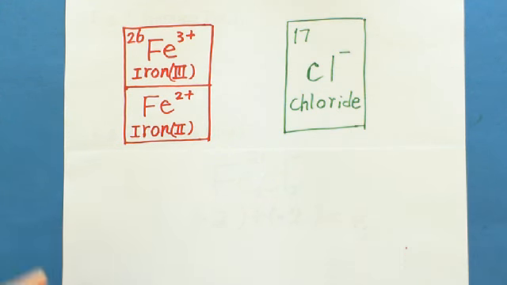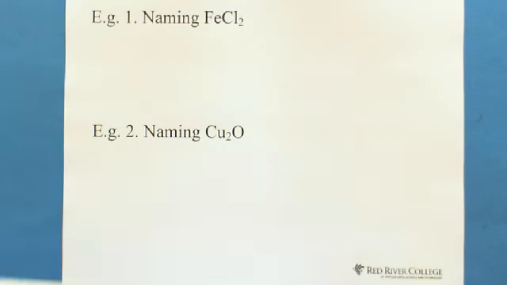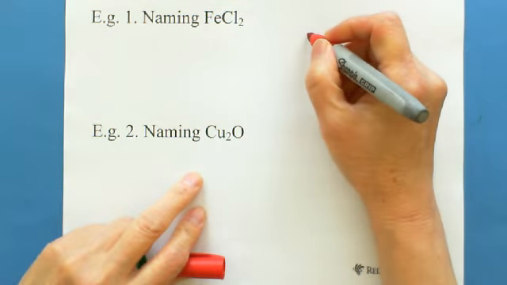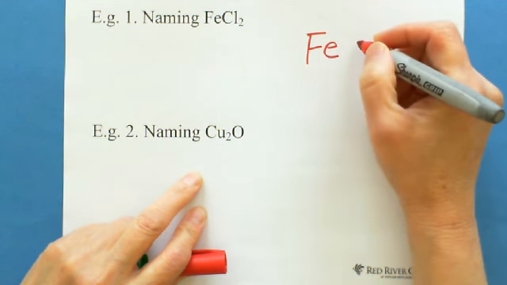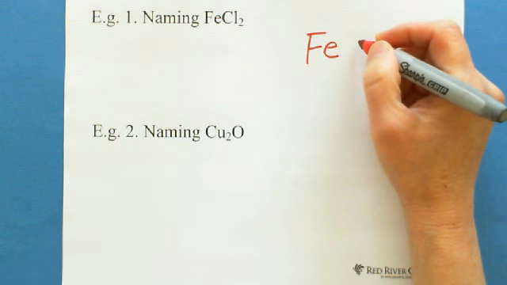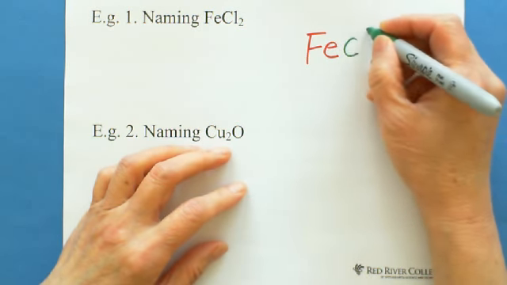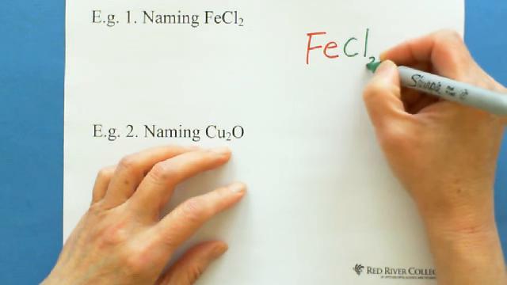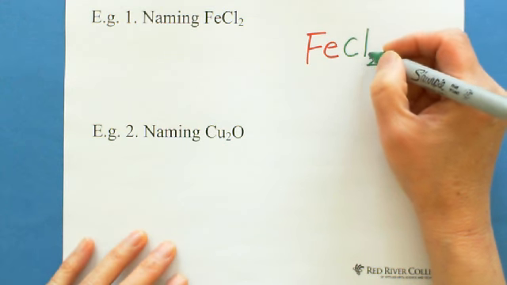So now let's work with this question. First of all, we can write Fe and Cl2. Red color represents metal, green color represents non-metal. The subscript represents the number of ions.